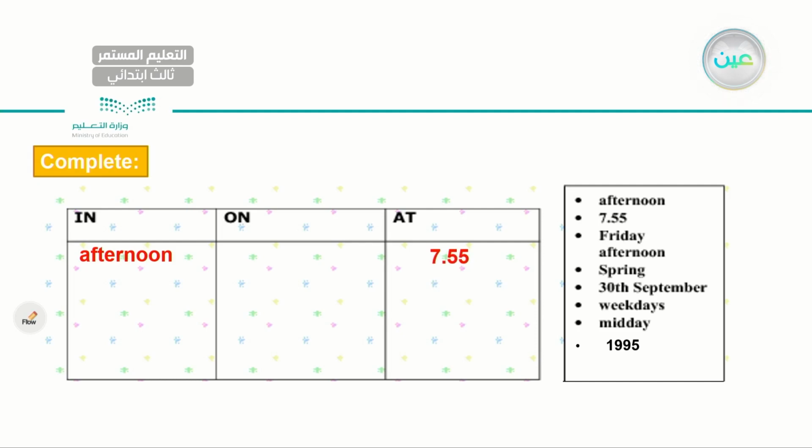Friday afternoon, I have a day. Very good, on Friday afternoon. Next, I have a season, spring. In the spring, very good. Next, 30th of September, I have a day. Very good, on 30th of September. Next, I have weekdays.